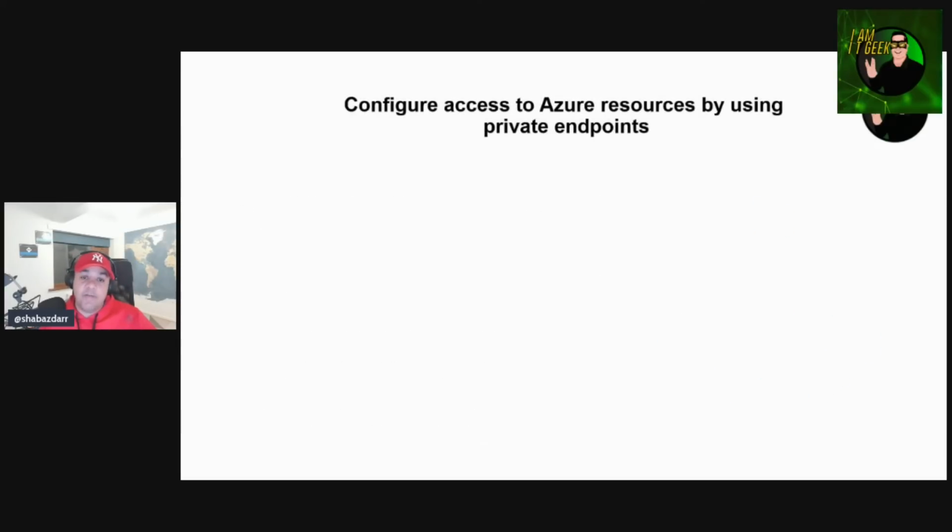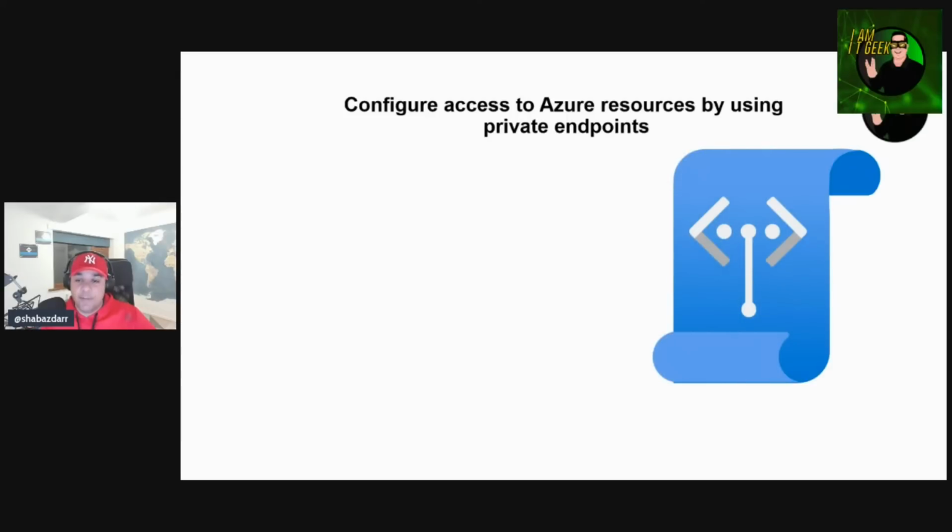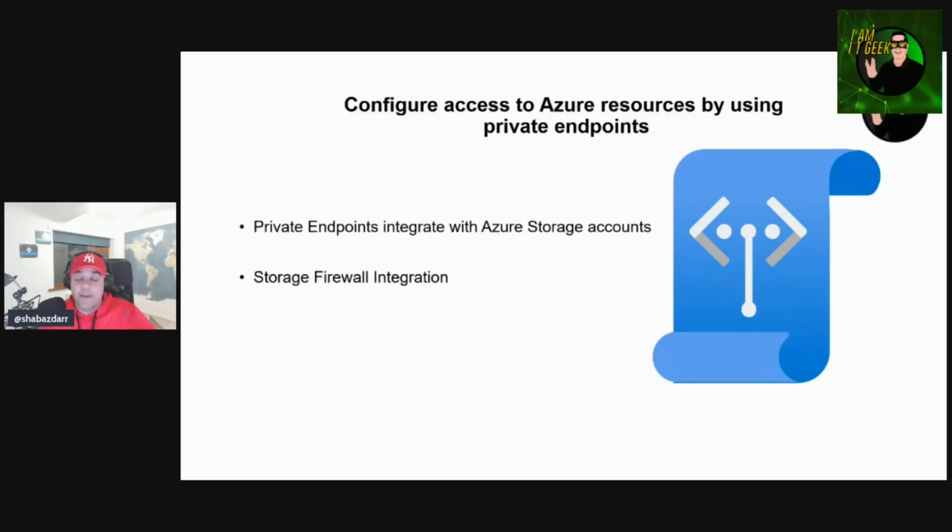Let's talk about configuring access to resources by using private endpoints. You can use private endpoints for your Azure storage accounts to allow clients on your virtual networks, aka VNets, to securely access data over that private link. You use private endpoints to secure your storage accounts by configuring the storage firewall, which blocks connections on the public endpoint for that storage service.